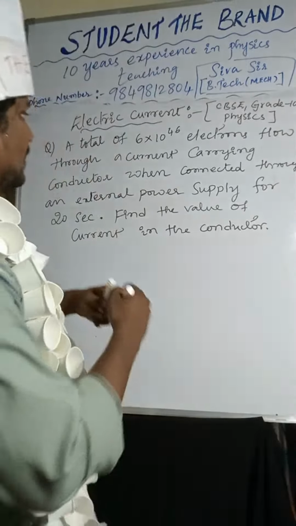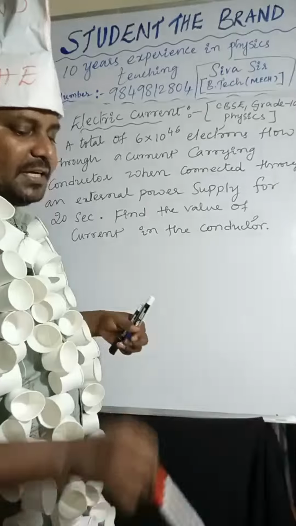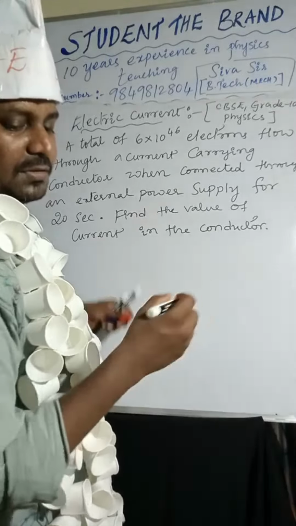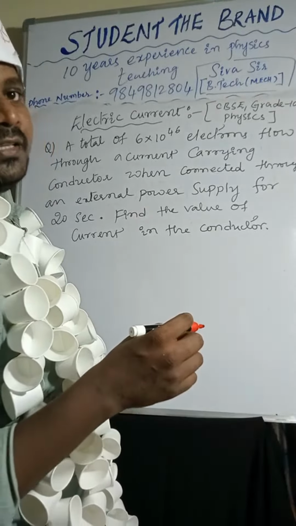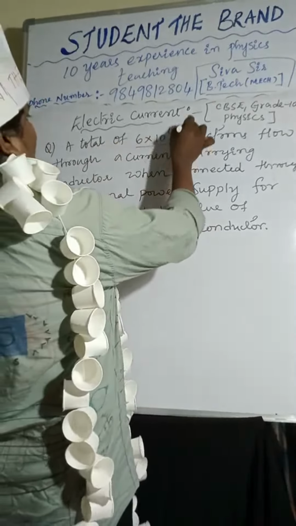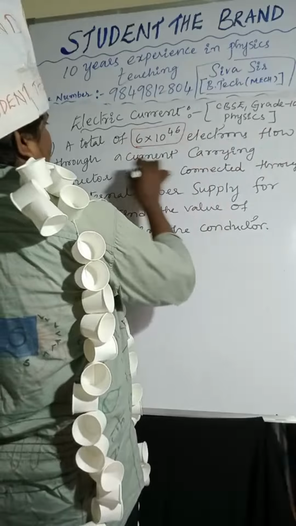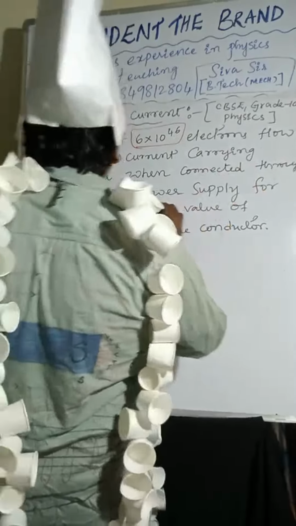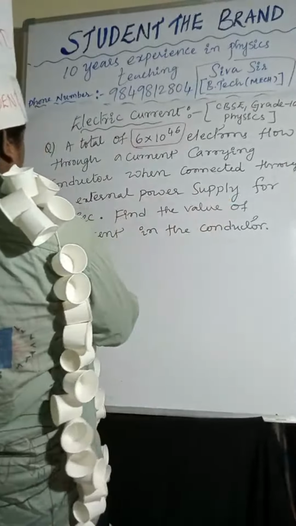Now you can observe. First you have to identify the data, what is exactly given in the question. The number of electrons flowing through the current carrying conductor connected through an external power supply for 20 seconds.